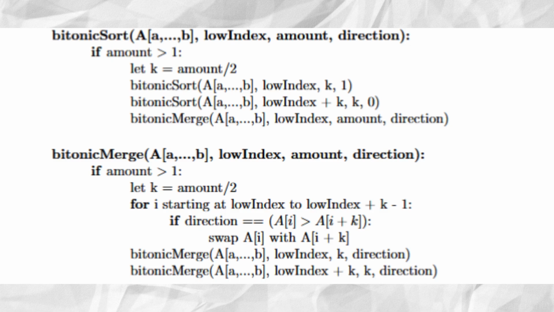At each level, it looks at the direction and tries to apply a swap to make sure that the numbers follow the sequence. It does this by checking at an index i and the index i plus k. In doing this, it checks if it follows the ordering. If it doesn't, then it swaps the two.